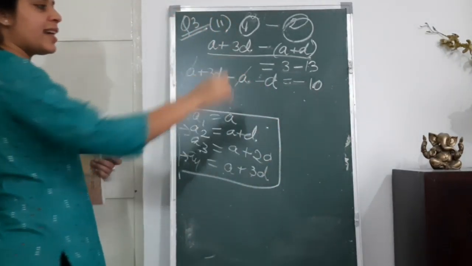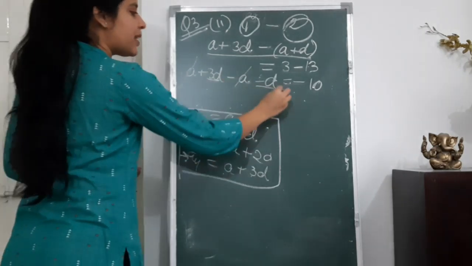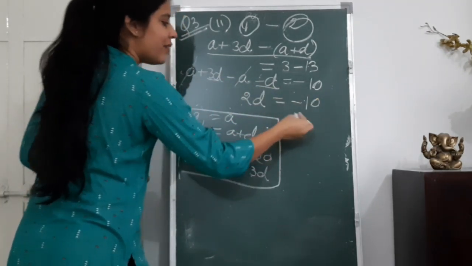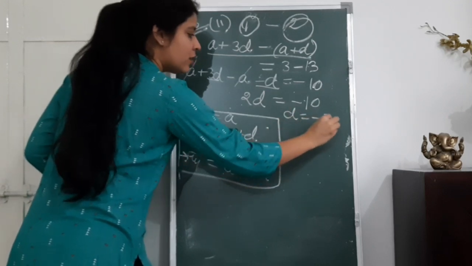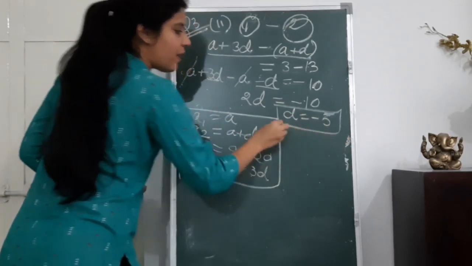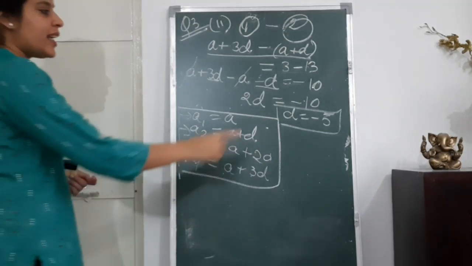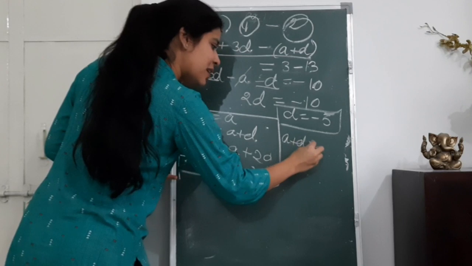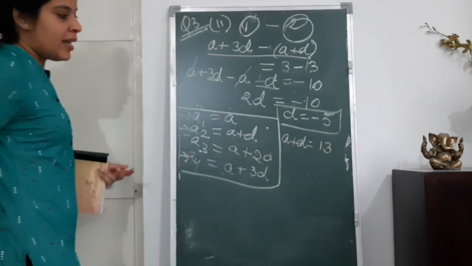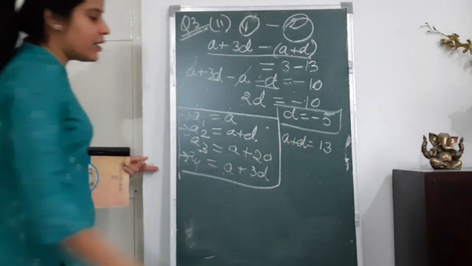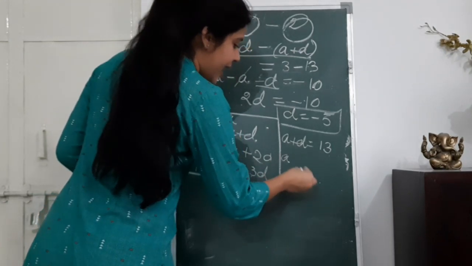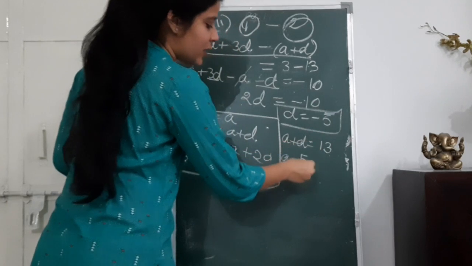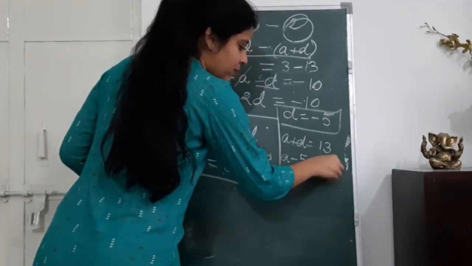This a and this a will get cancelled. 3d minus d will be what? 2d is equal to minus 10, which gives me d as equal to minus 5. Now d is equal to minus 5. If I already have this equation a plus d is equal to 13, if I put d as minus 5 here, can I say a minus 5 is equal to 13?